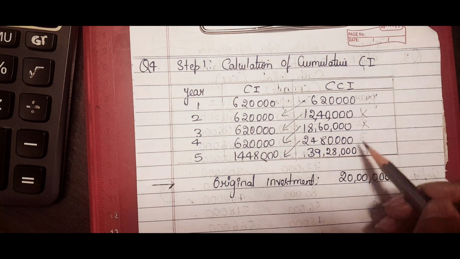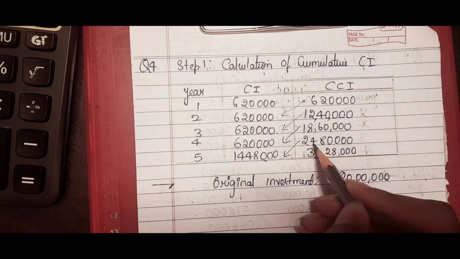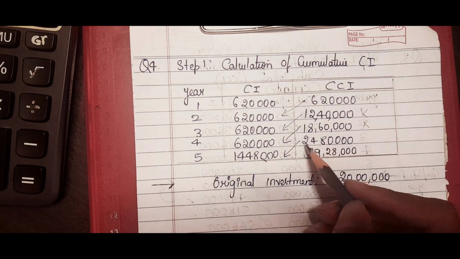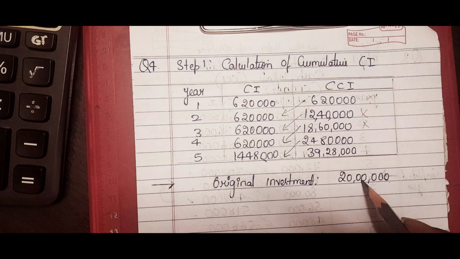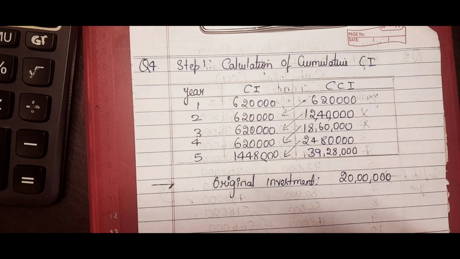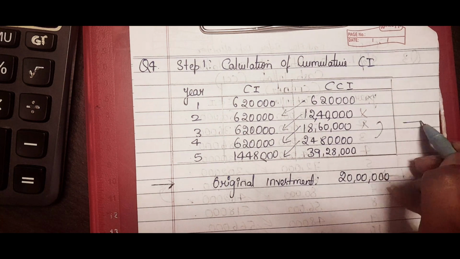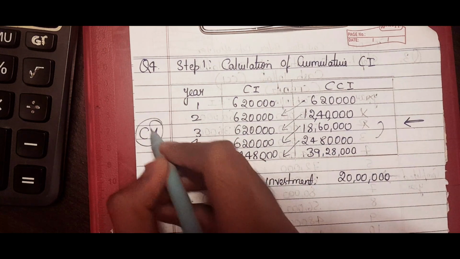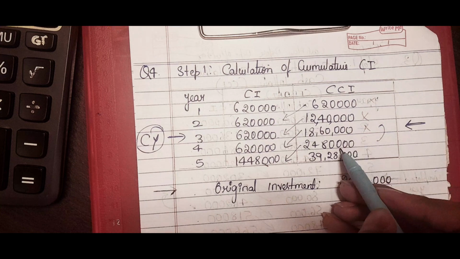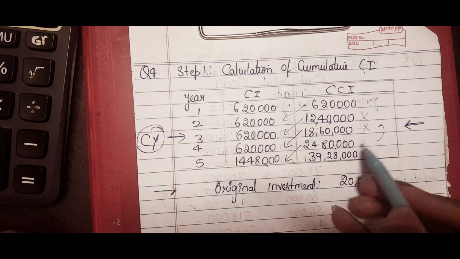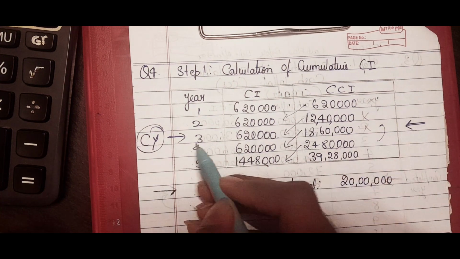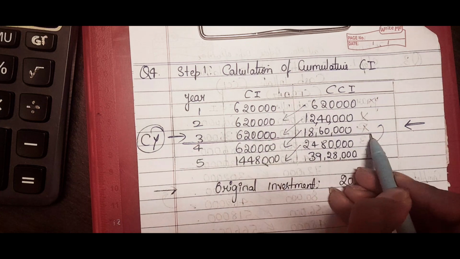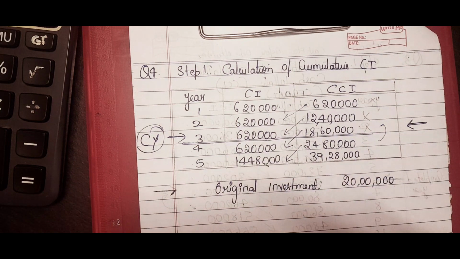We are not recovering. Fourth year we are recovering 24,80,000, which is more than the original investment. So one year before that, which is third year, will be considered as the completed year, because here we are recovering more. When it is more, consider the previous year as the completed year. So third year will be our completed year.